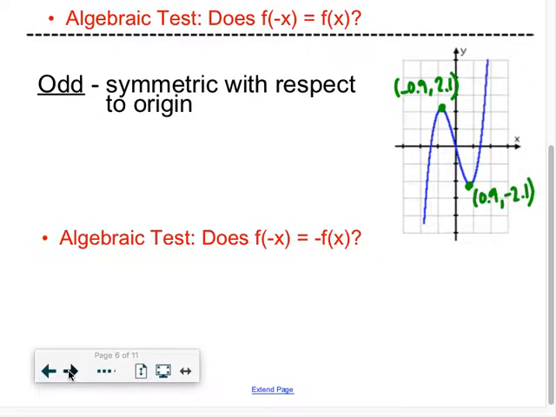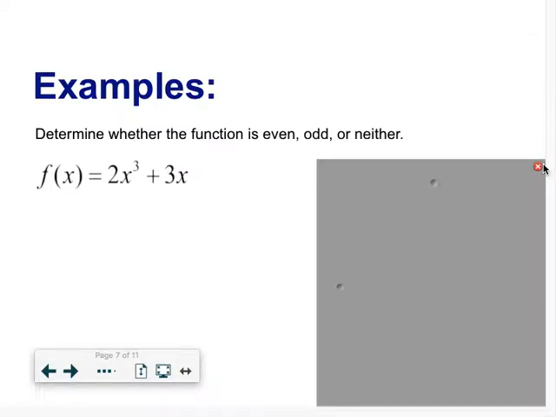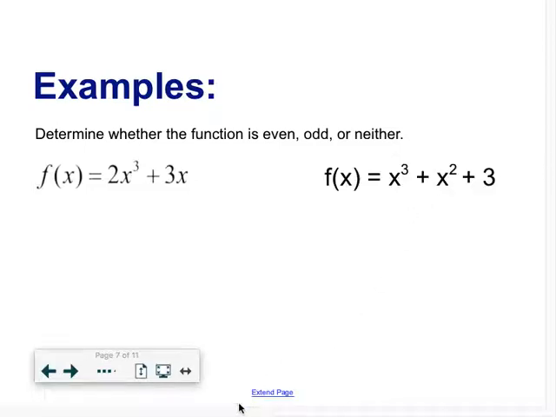So let's do an example. I'm going to do this one on the left. F of x equals 2x cubed plus 3x.